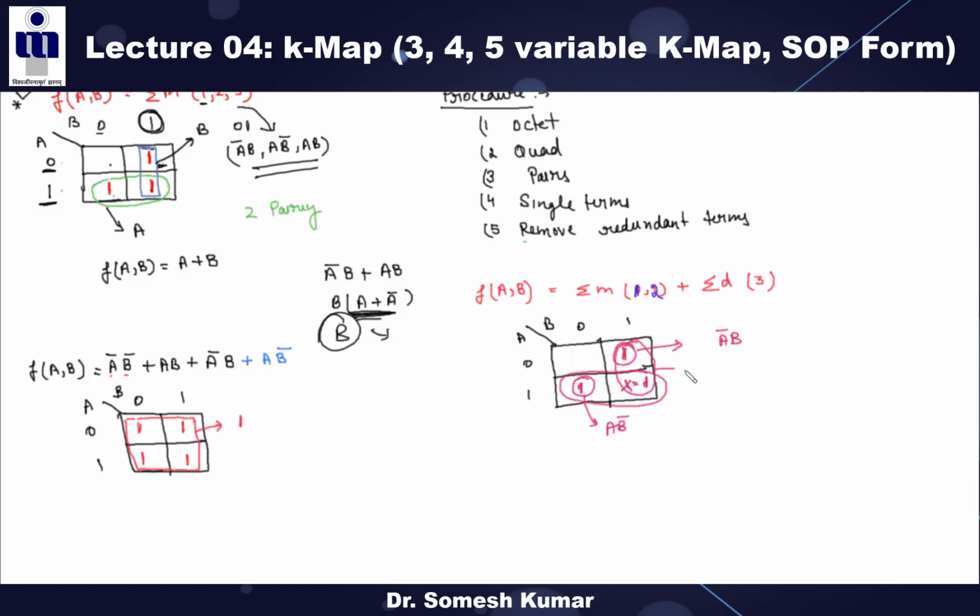So from the first pairing b and from the second pairing a, and the answer is a plus b, right? So which one is the minimized function, a bar b plus ab bar or a plus b? A plus b, right? So that's why in this case we have to take don't care as the 1, right?